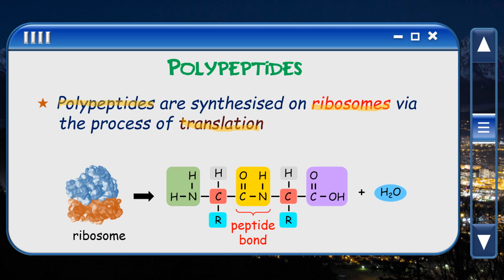We shall look at how the ribosome forms the polypeptide, but at the moment we just want to know that the polypeptide is formed by translation, where we connect the amino acids together. Of course, it takes a condensation reaction because we end up getting a water molecule.